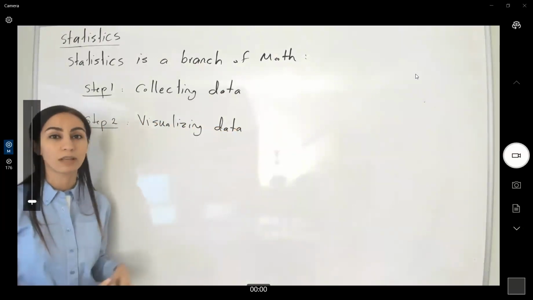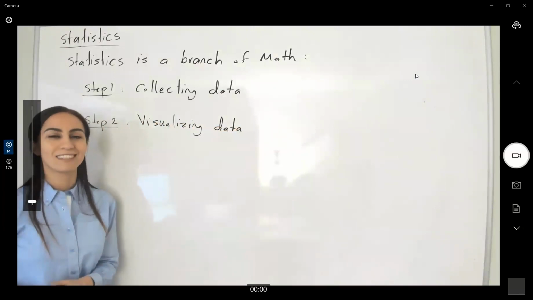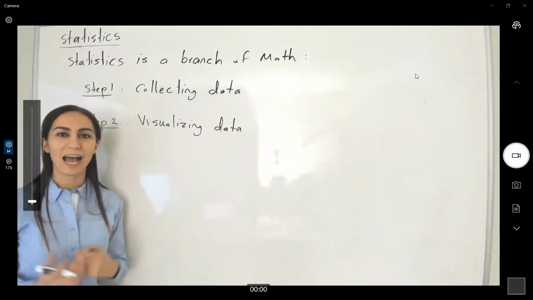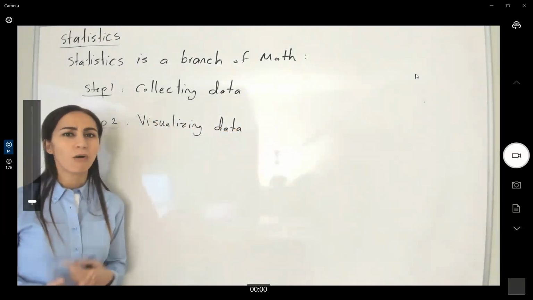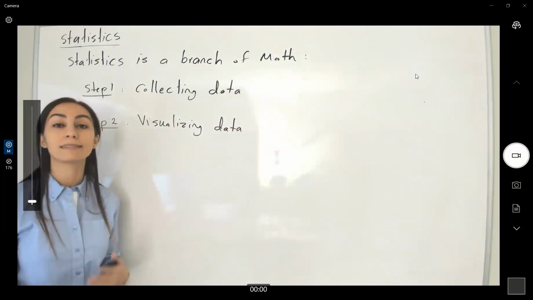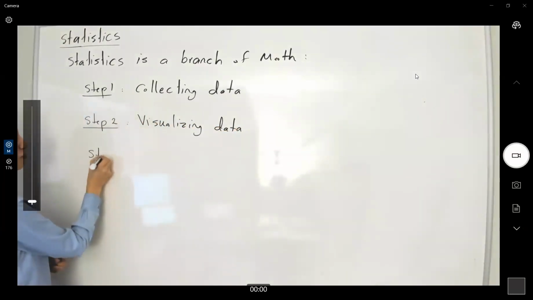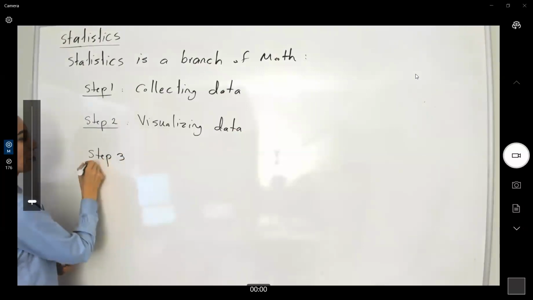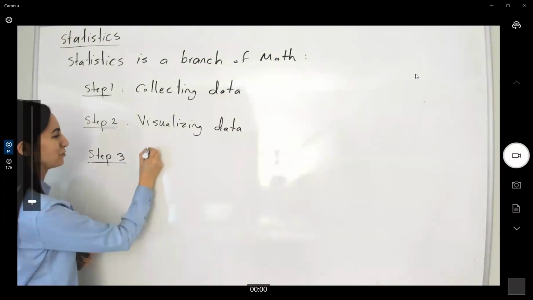Is it skewed to the left? Is it skewed to the right, and so on? We're interested in actually analyzing the data. What is the mean? What is the standard deviation? Where is the center? So we jump into step 3, analyzing the data.